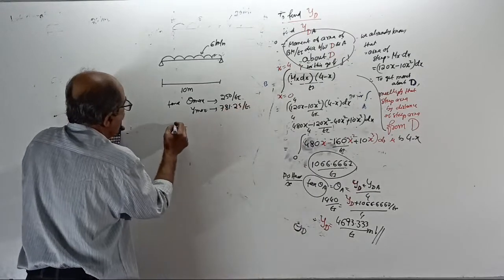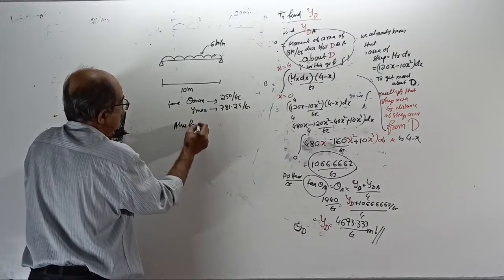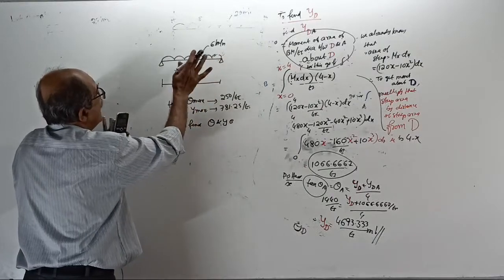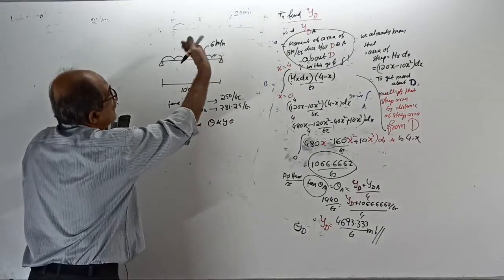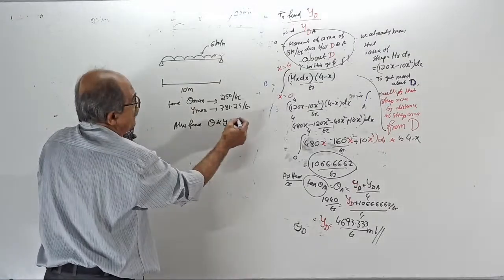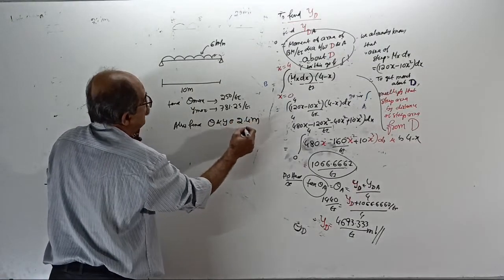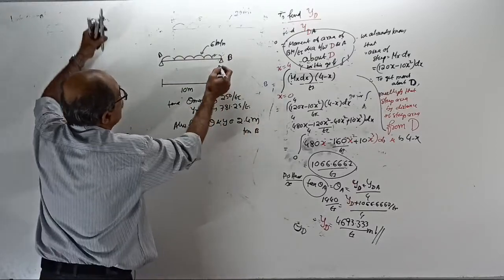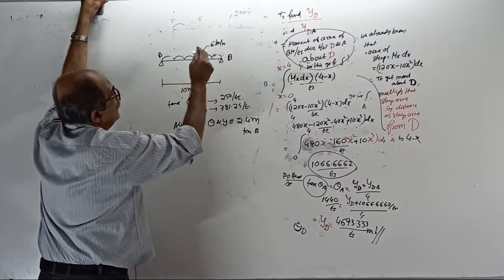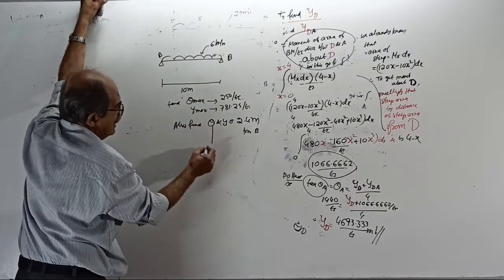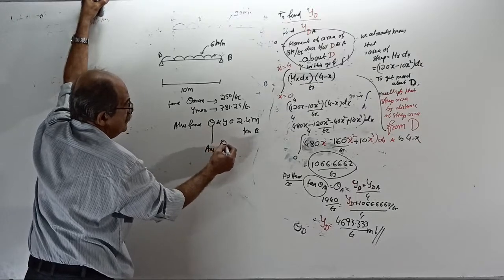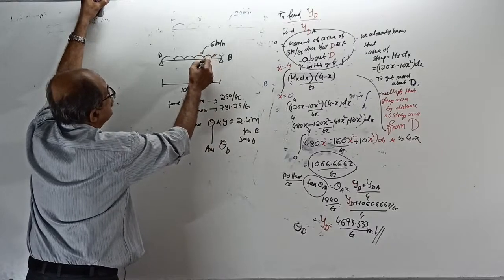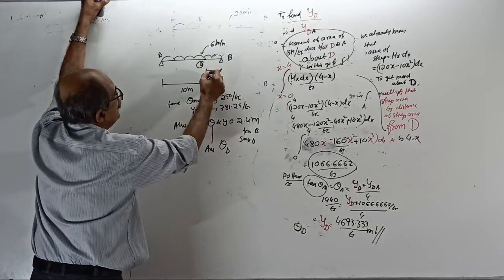Now also find slope and deflection at some random point, 2.4 meter from B. Therefore, remember, whatever way you have done so far, you should do from that side. So I will give the answer. Say the point is called D, somewhere here at 2.4 meter.